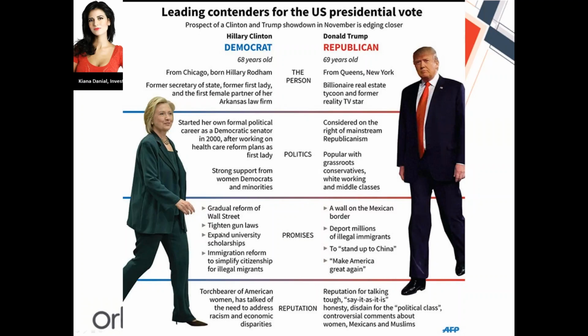Well, she is going to tighten gun laws, wants to expand university scholarships, and she wants to do a reform on immigration to simplify citizenship for illegal immigrants. While Donald Trump, most of his policies go against immigrants. He wants to build a wall on the Mexican border of the U.S. He wants to make Mexico pay for it. He wants to deport illegal immigrants.